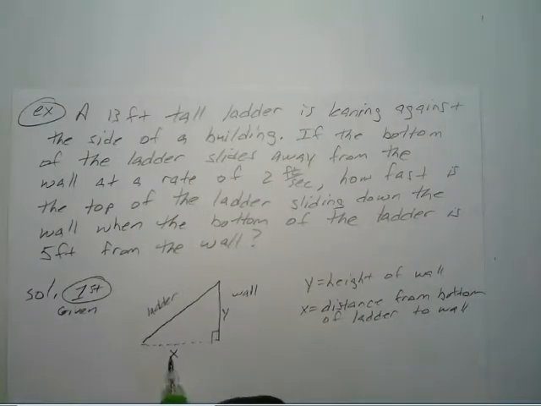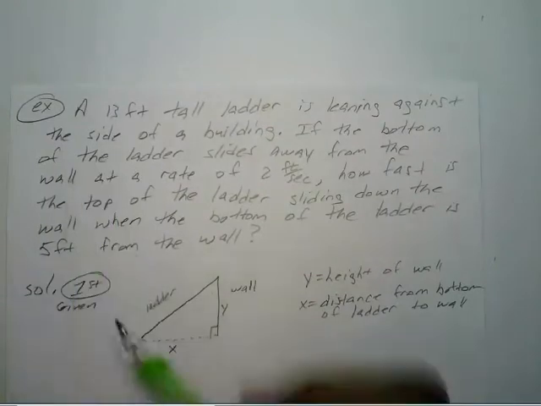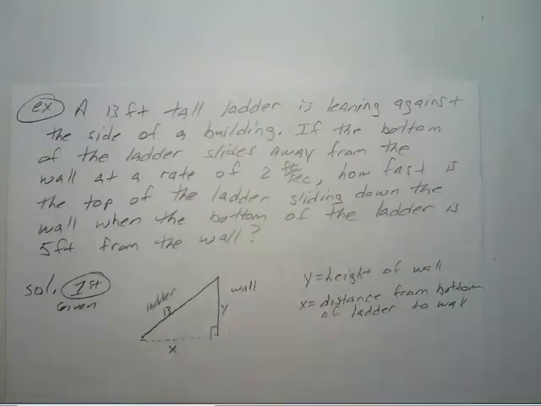So that's our x there. And we already know that the ladder is 13 feet, so that is going to be 13. You have the ladder leaning against the building, and that's the distance of the bottom of the ladder to the wall.